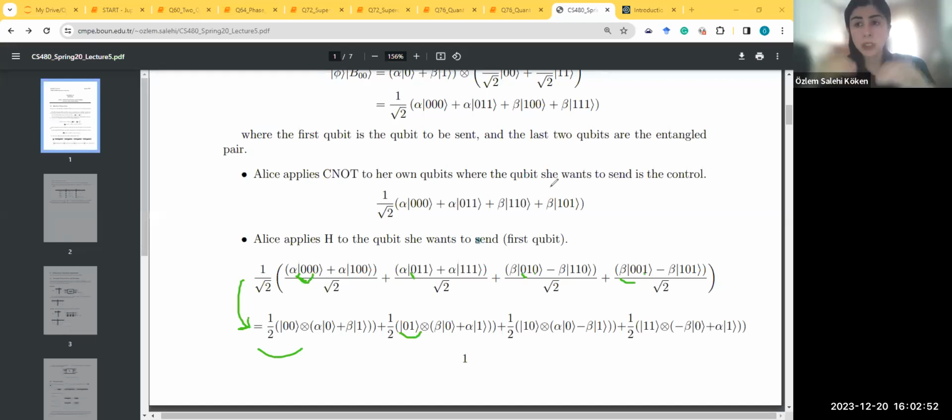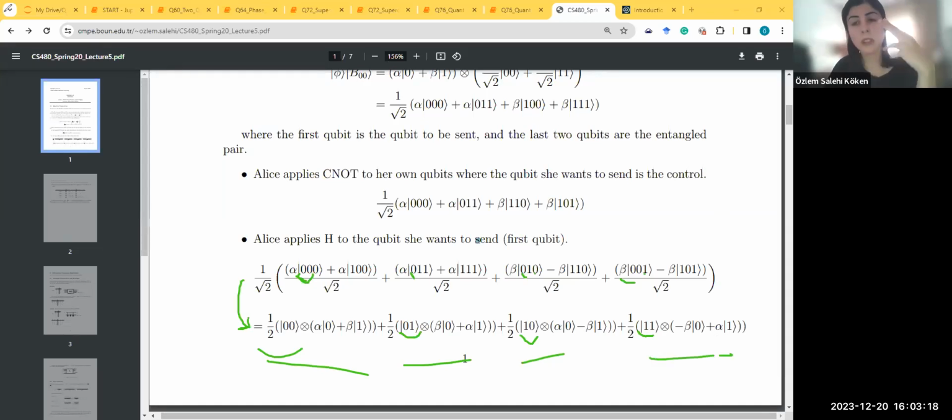If Asya measures her own qubits, the two qubits, then with probability 1 over 4, she will observe 0, 0. With probability 1 over 4, she will observe 0, 1. She will observe 1, 0 or 1, 1. Can everybody see this? Or do you have any questions? Check the first two qubits. Here, here, here, and here.